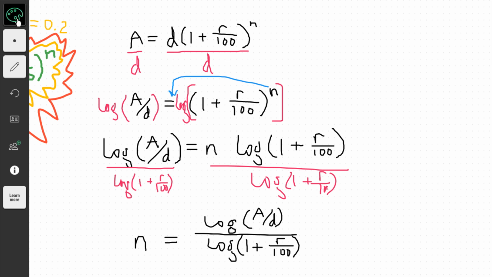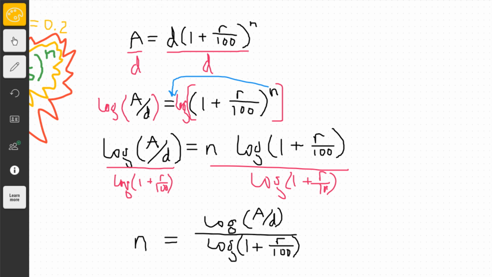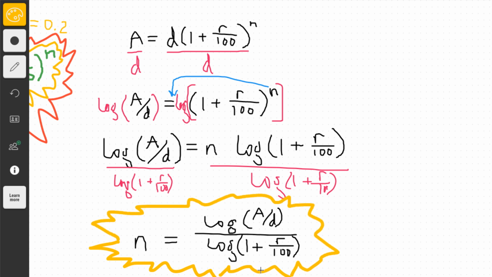Great. Now look at this. We have isolated n, the thing that we were looking for from the beginning. And we have a closed form expression to get this. Yay. All right, we got it.